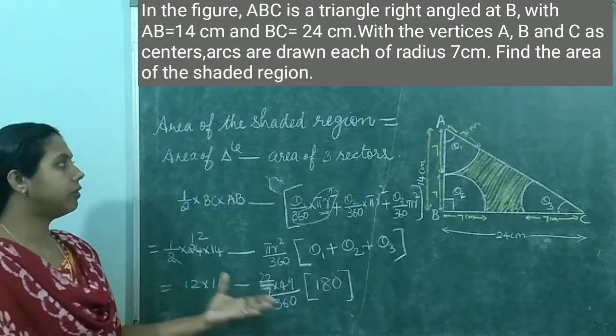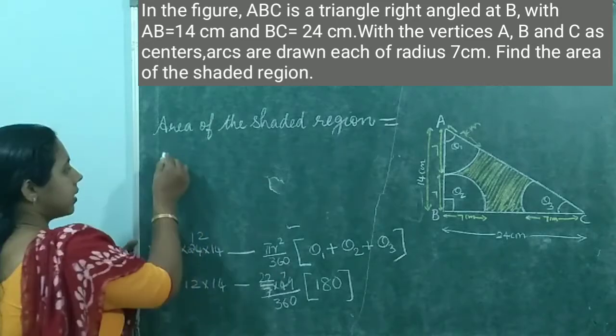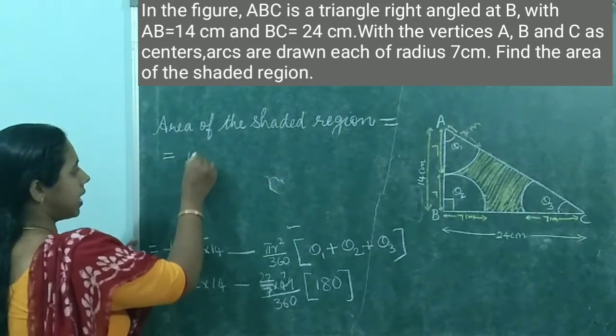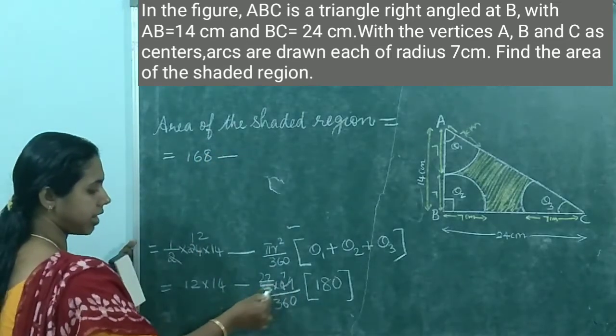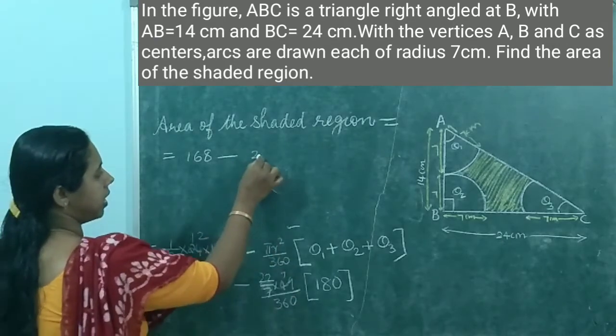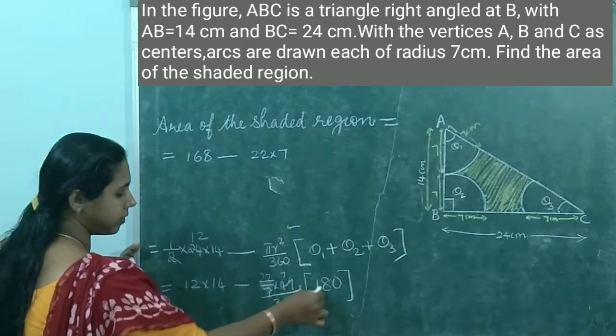Then when you solve, you will get the area of the shaded region. That is equal to 12 into 14, that is 168, minus; 7 and 14 and 7 is a common factor, it will cancel. So 22 into 7 into 180 by 360.